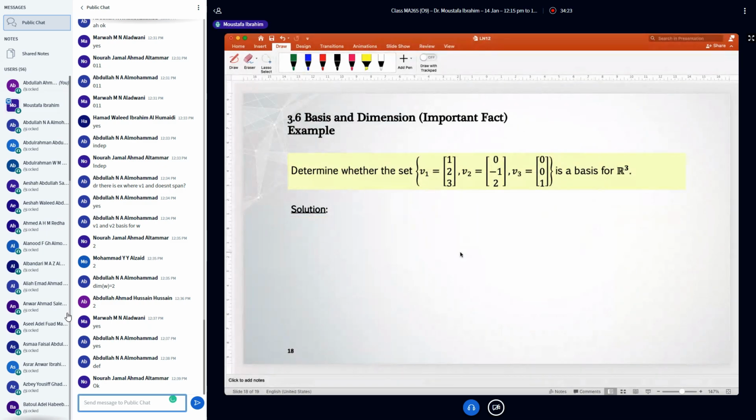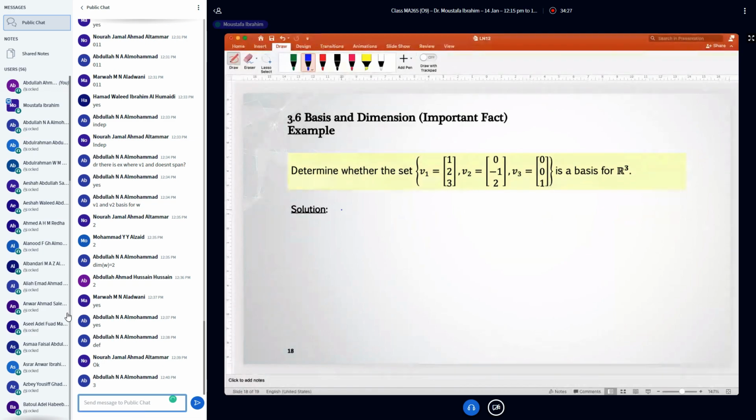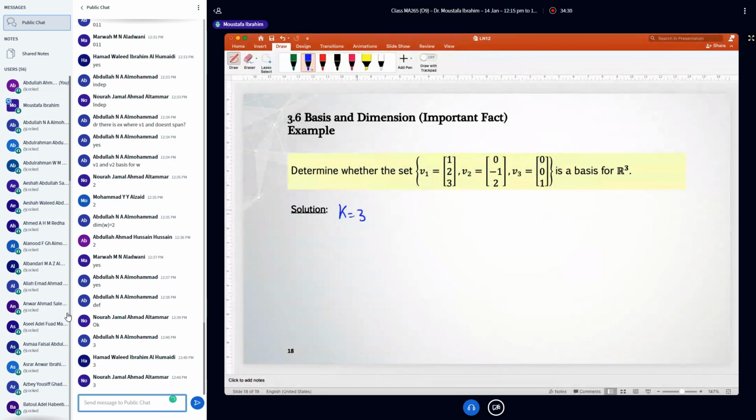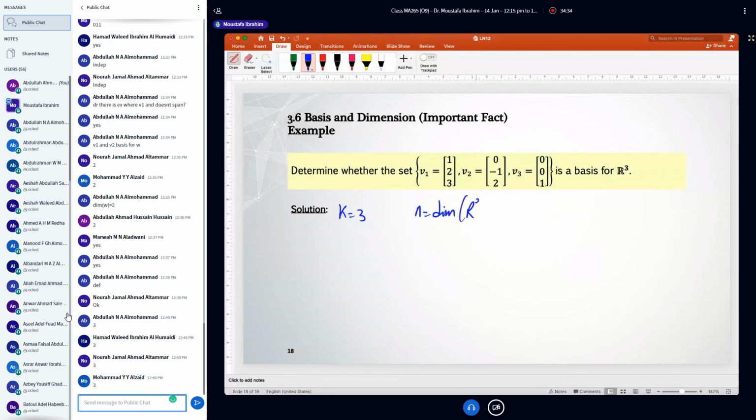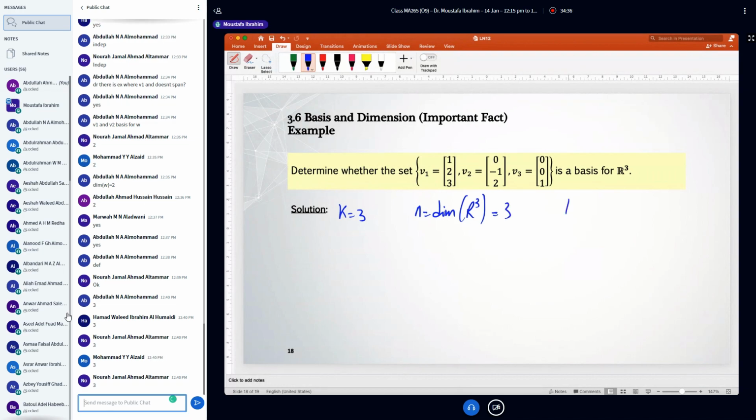Look, guys, how many vectors do we have here? k equals 3. And what's the dimension of the vector space here? The vector space is R3. So k equals n.